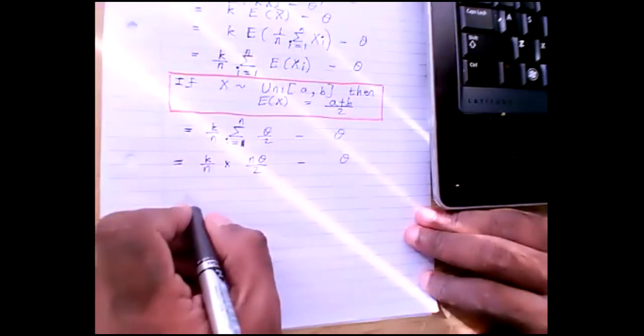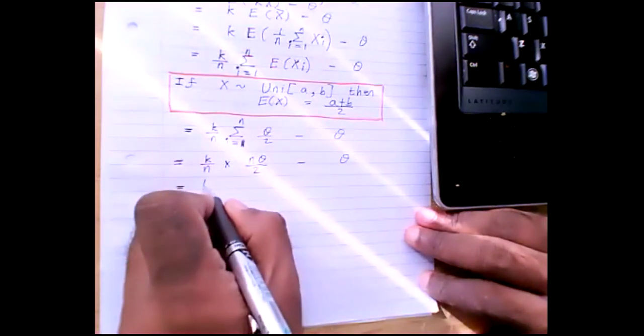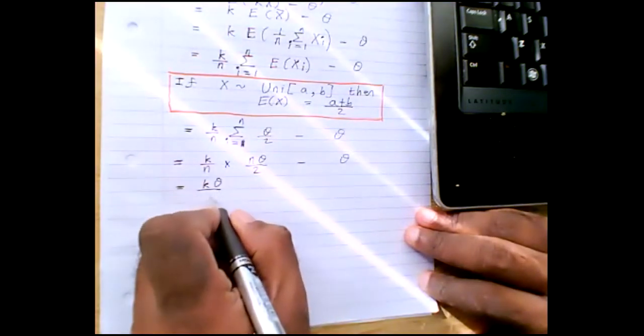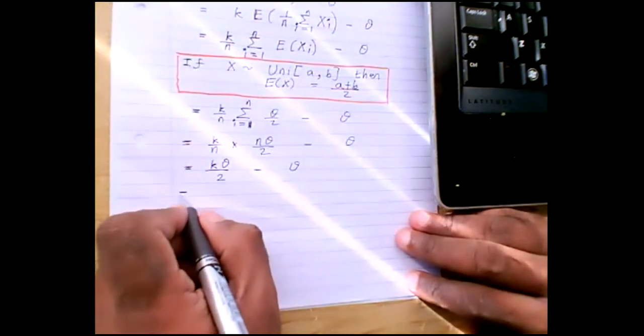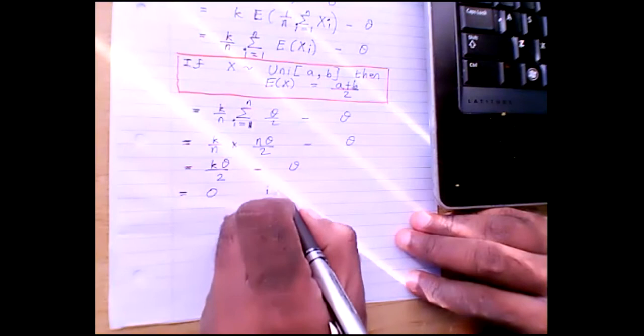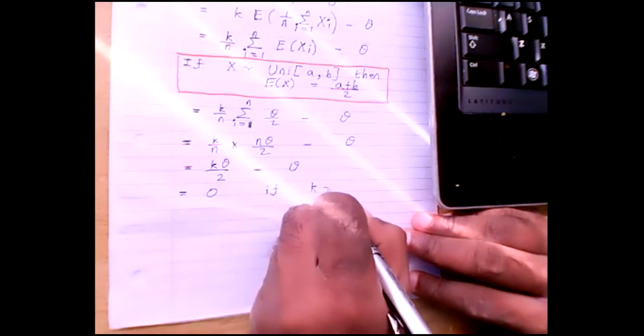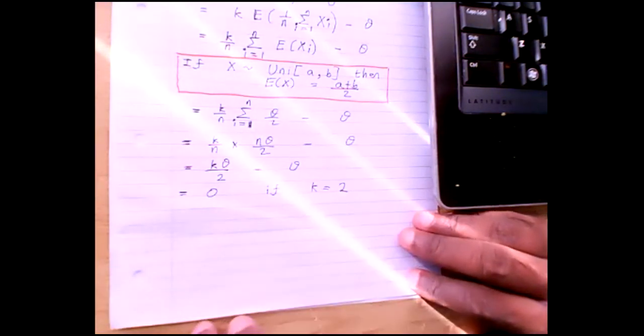Now the n and the n cancel, so this becomes k theta by 2 minus theta, and this is equal to 0 if and only if k is equal to 2, right?